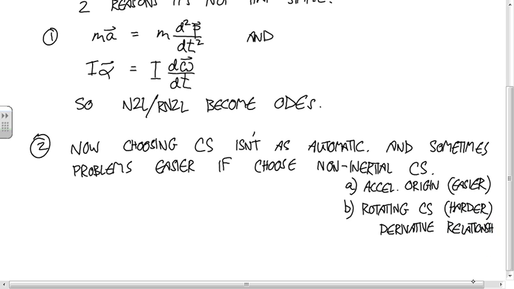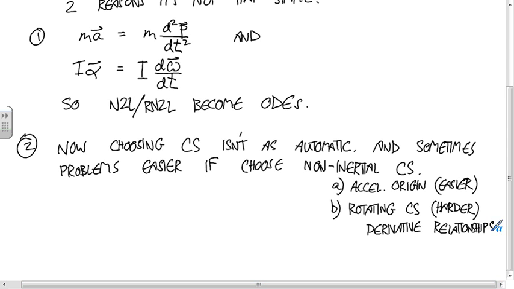It makes our derivative relationships more complicated. Relationships like acceleration being the second derivative of position with respect to time become more complicated. I want to give you an example to help clarify why, because it's an important thing to understand.